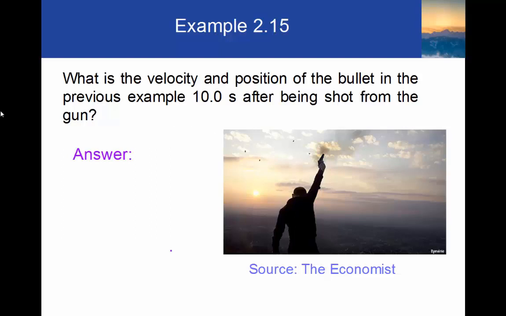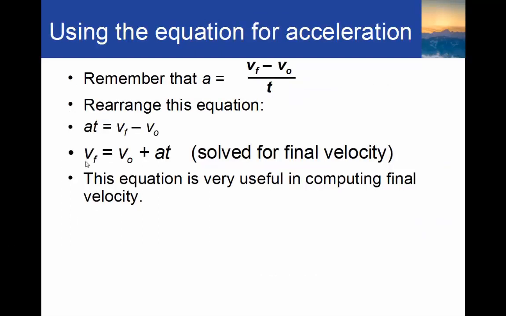So again, we're going to be making use of this equation that finds the final velocity is equal to the initial velocity plus the acceleration times the time, bearing in mind that because the initial velocity and the acceleration are in opposite directions, if this is positive, then this has to be negative and vice versa.